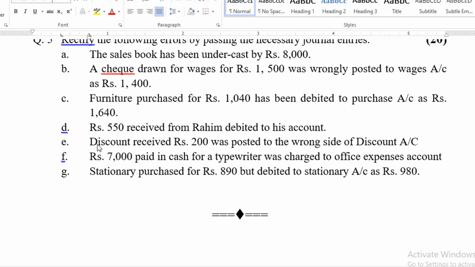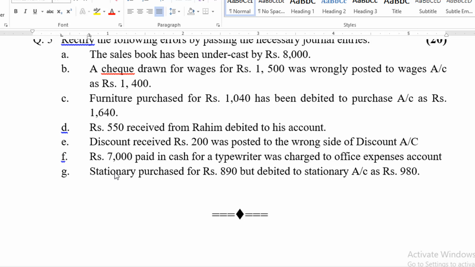Here we received a discount of rupees 200, which is income of the business, so it should be placed on the credit side, but we have placed it on the debit side of the discount account. So again only a single account error is involved in this transaction, and we need to correct it by increasing our credit side by this 200 amount.